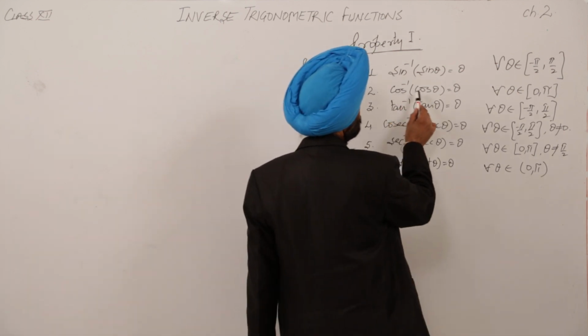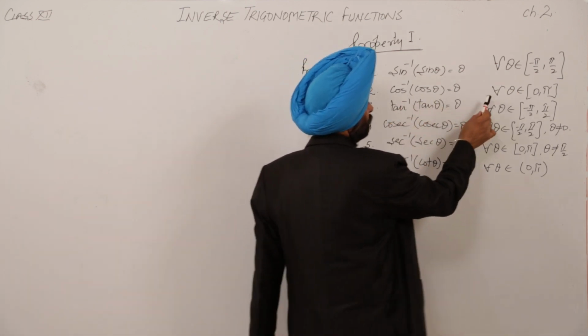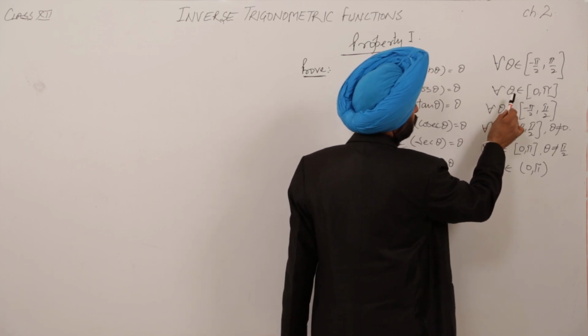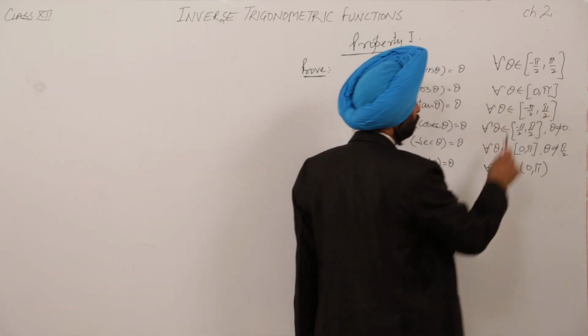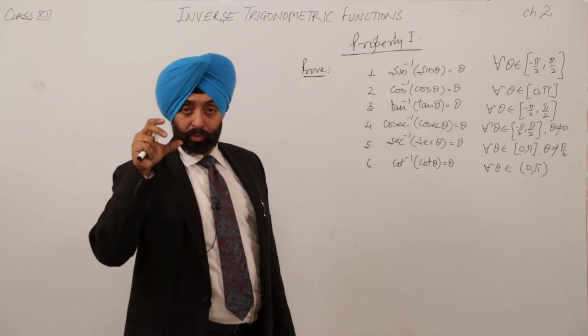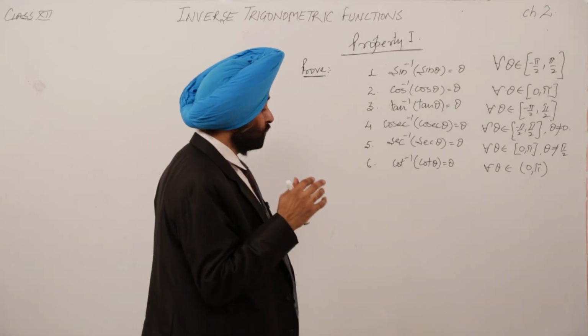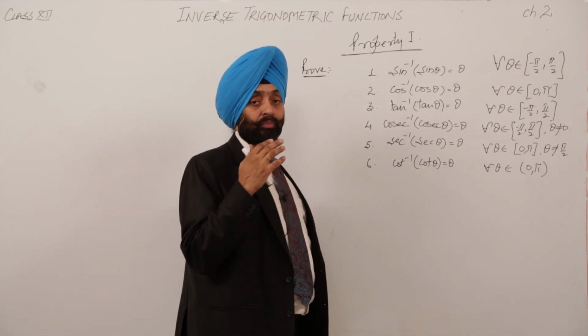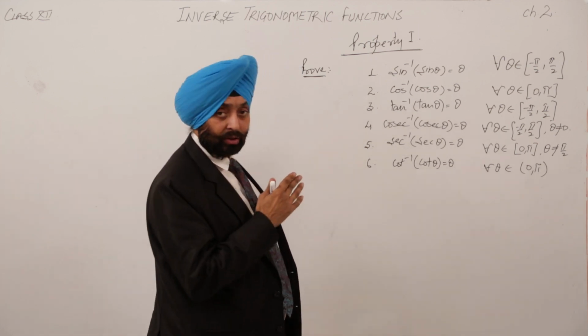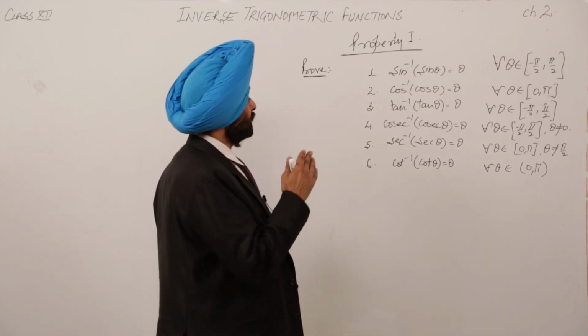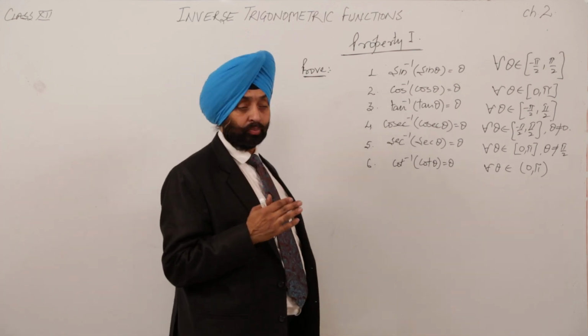Similarly, cos inverse cos theta is equal to theta for all values of theta where theta belongs to 0 comma pi. When I explained in the unit circle, it was clearly explained how the principal value falls from minus pi by 2 to pi by 2 for sine theta and from 0 to pi for cos theta.